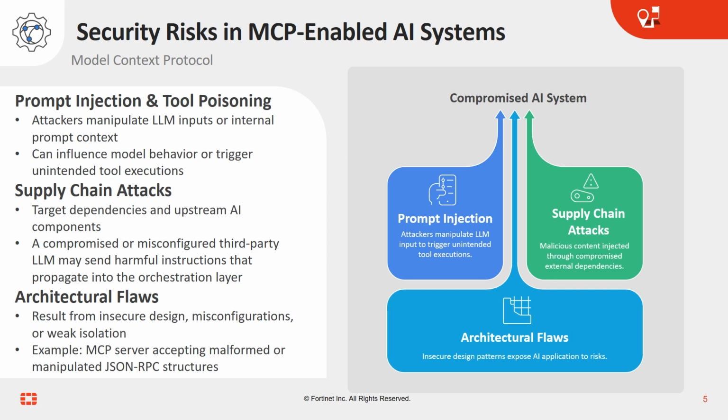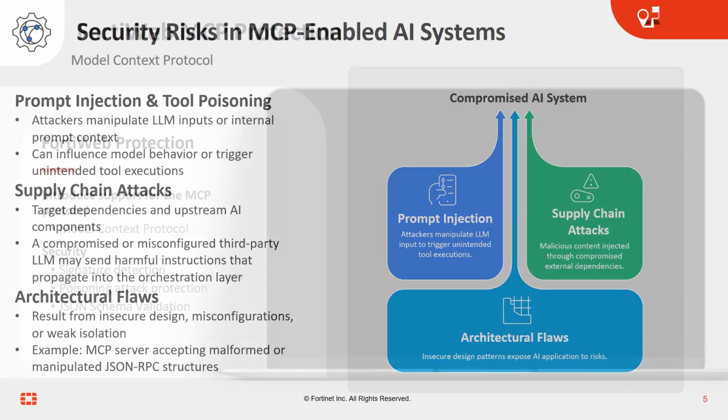If the LLM provider is compromised, corrupted, or misconfigured, it may send harmful instructions that propagate into the tool orchestration layer. Architectural flaws: security issues caused by design choices, misconfigurations, or improper isolation between components. For example, MCP servers accepting malformed or manipulated JSON-RPC structures.